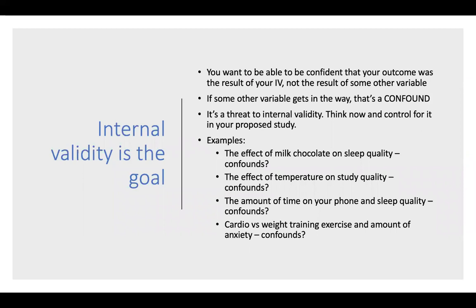Again, your goal is to be confident that the results you got, the impact of your independent variable on your dependent variable, on your outcome, those results are the result of your manipulation, not the result of some other variable. So any other variable that might also be responsible for changes in your dependent variable, that is called a confound. It is a threat to internal validity.